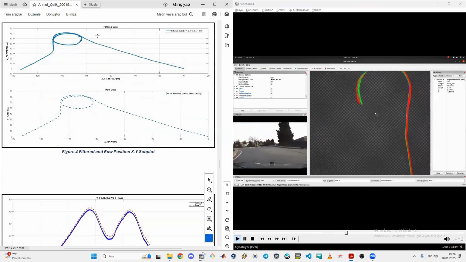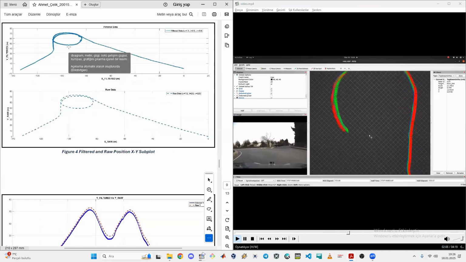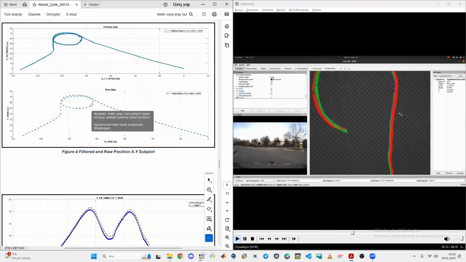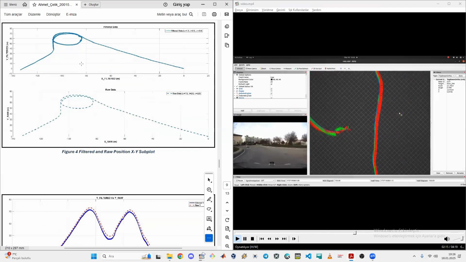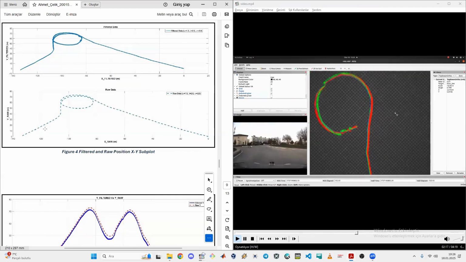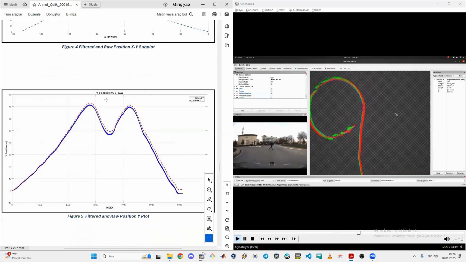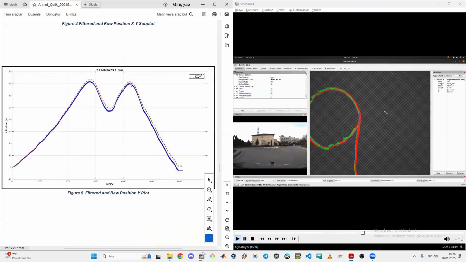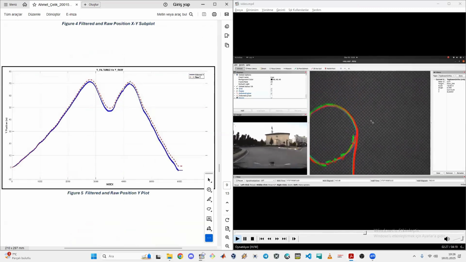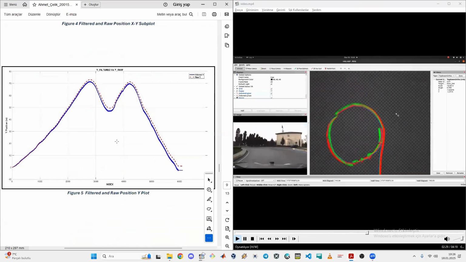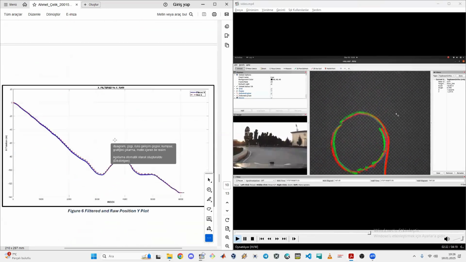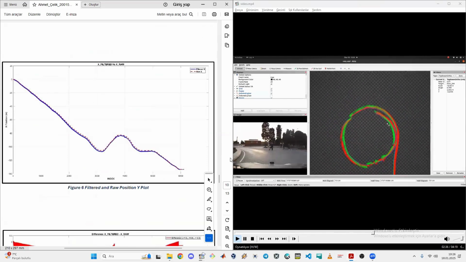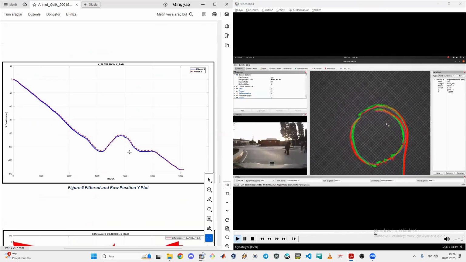As you see, the number of filtered data points is highly increased because we have run the algorithm around 30 Hz. This is the Y filtered and Y raw data plots. It seems that there are differences between the filtered and raw. And this is the X filtered and X raw data, the trajectory for which we used the data on our campus.